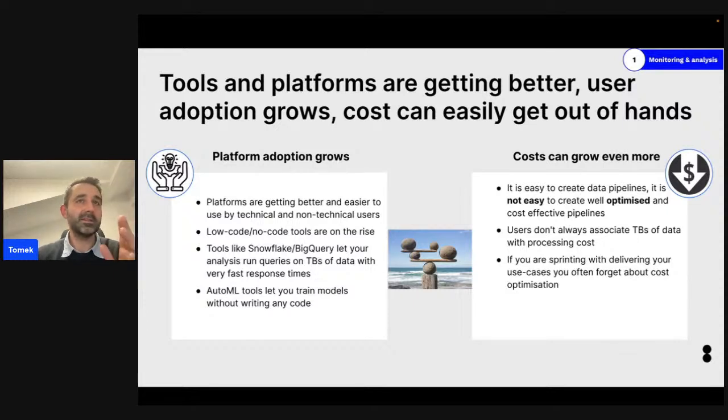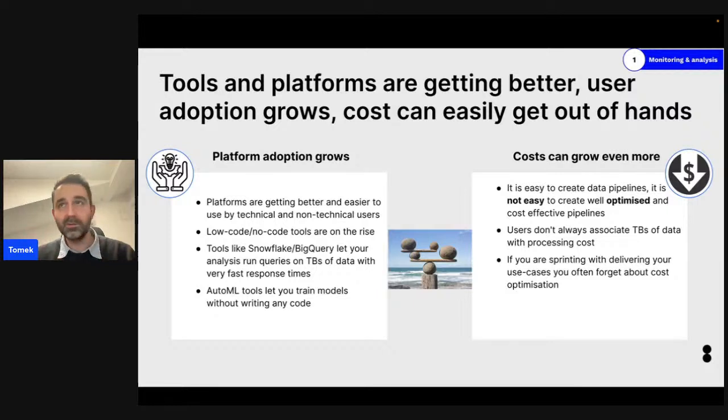Someone that doesn't know how to write data pipelines, they have some generator that helps them do this. They can end up writing a very unoptimized pipeline, which uses a lot of resources. Or users running Snowflake queries, they won't realize that terabytes is actually a lot of data, and maybe it's actually quite expensive to run queries like this.